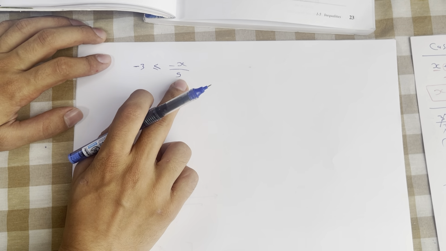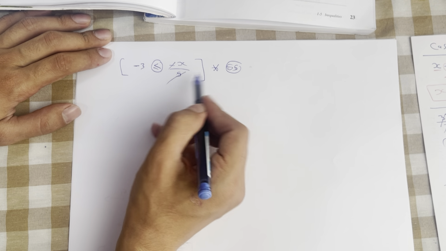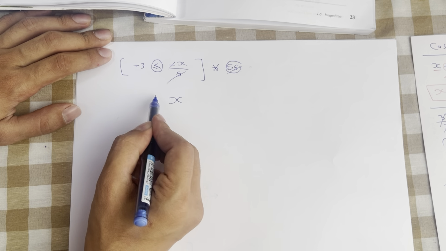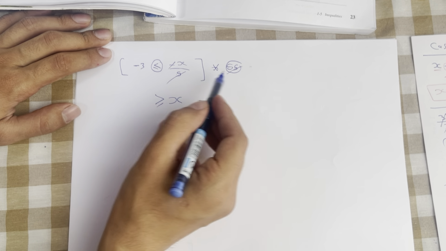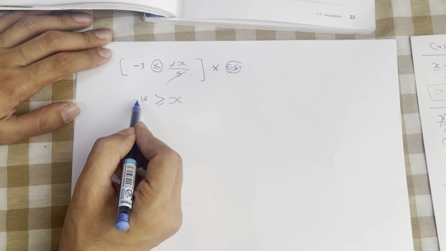So for the whole expression I have to multiply by -5, and I have to change the direction of the symbol. Negative with negative will be positive. 5 with 5, they are cancelled. We have just x, and -5 times -3 equals +15.